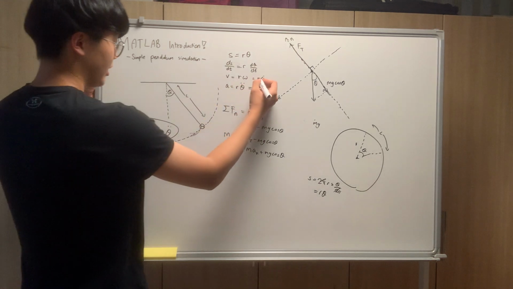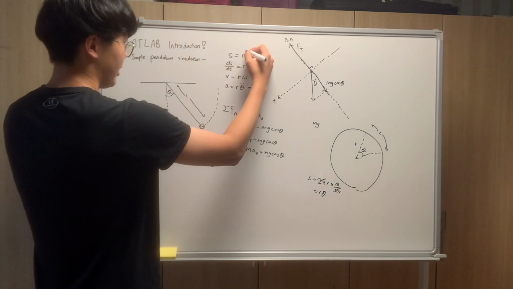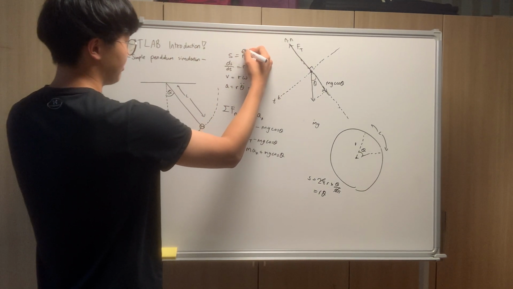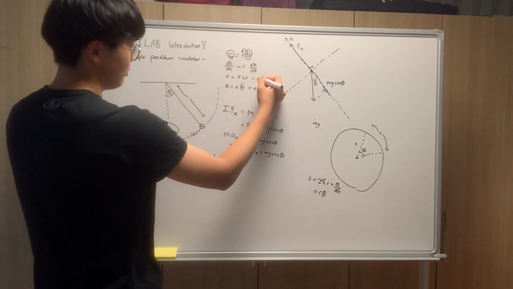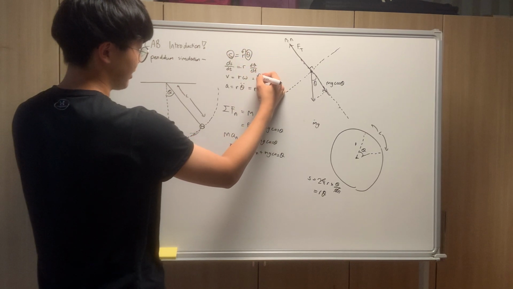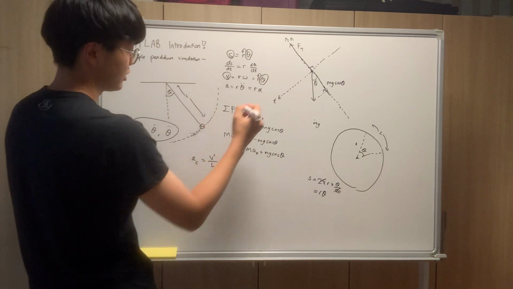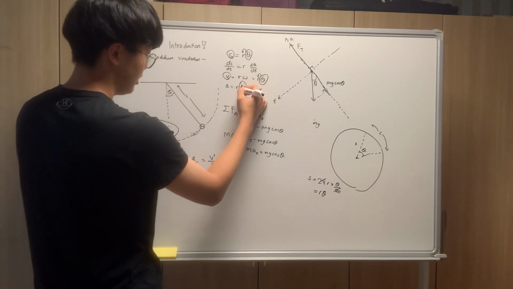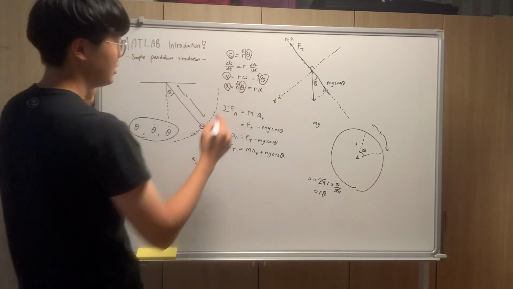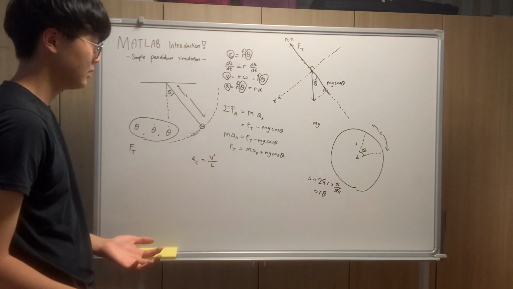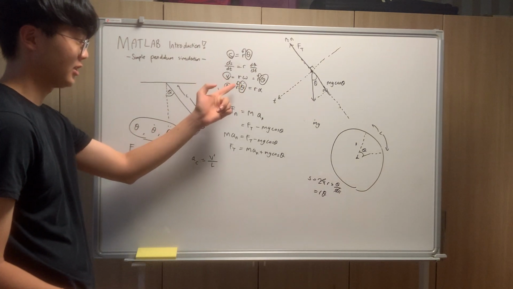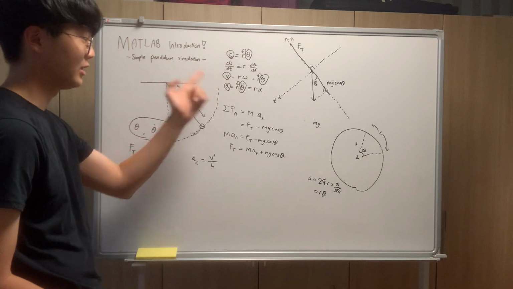And so in every case, we have the angular quantity, we multiply it by the radius, we get the linear quantity.